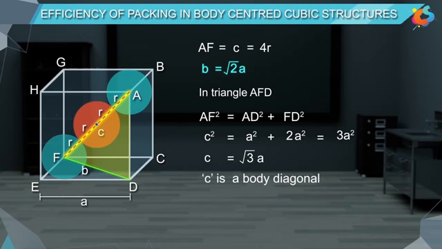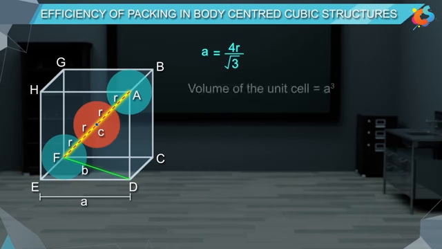But c is a body diagonal which is equal to 4r. Therefore, c is equal to √3 a, which is equal to 4r. a is equal to 4r/√3. Volume of the unit cell is equal to a³, which is equal to (4r/√3)³.